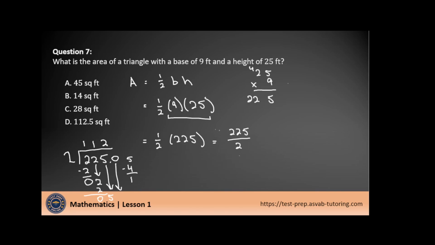Imagine there's a 0 here, we're going to drop that down, and then 2 goes into 10 5 times with no remainder. So our final answer is 112.5 square feet.